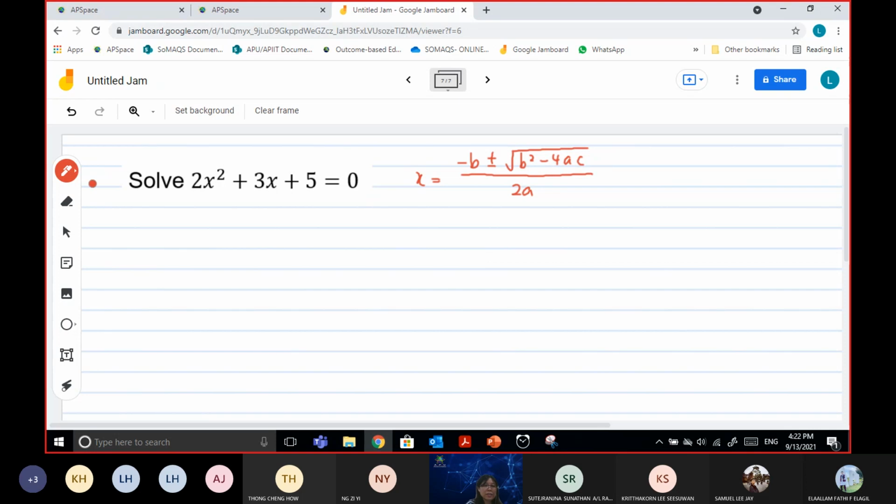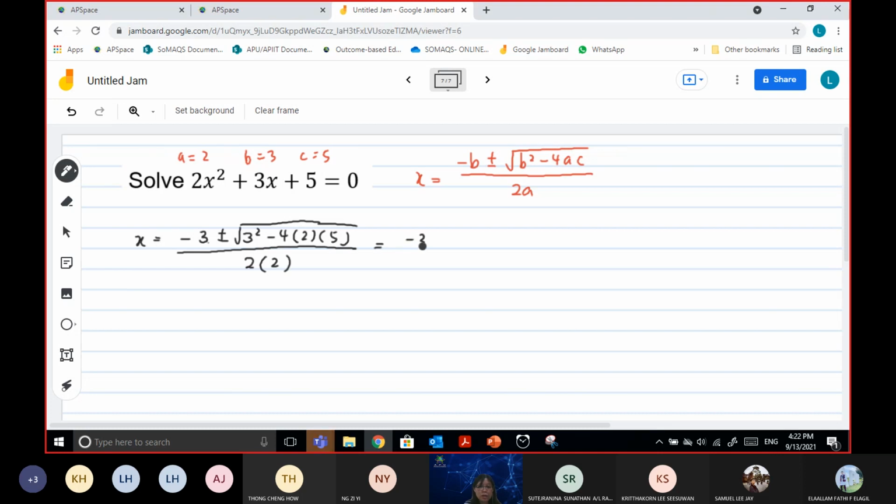Okay, so when we solve this, a is 2, b is 3, c is 5. When we substitute, x equals negative 3 plus minus the square root of 3 squared minus 4a c, which is 4 times 2 times 5, then divided by 2a, which is 2 times 2.